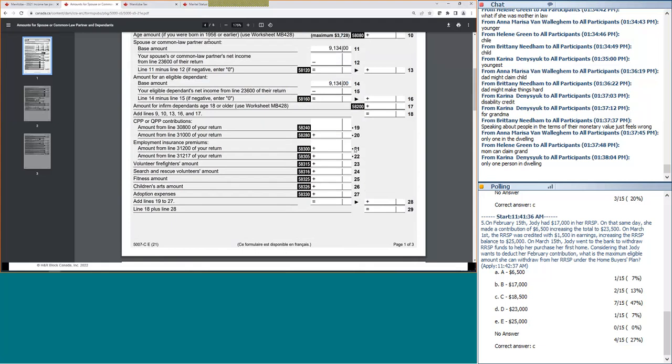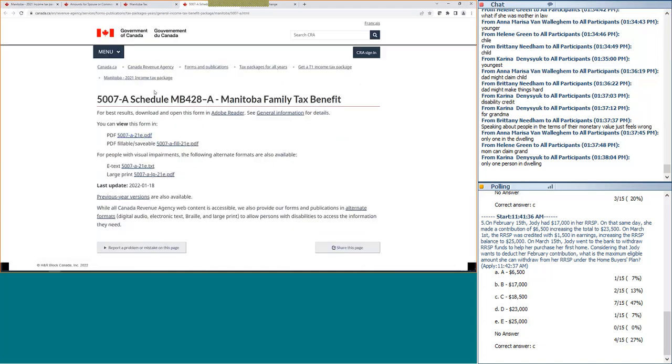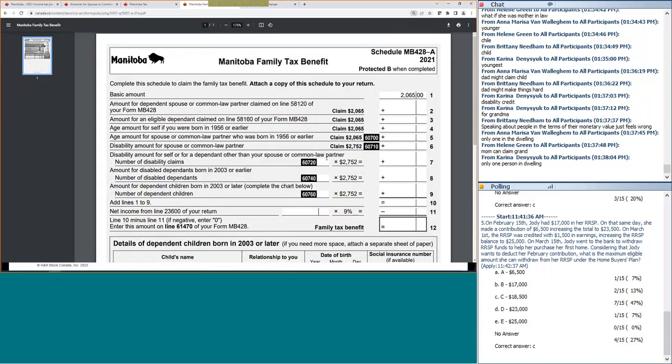The next one I want to talk about is the family tax benefit. For this one, you're going to find that your book is very helpful. But I'm going to open the form first. For this one, spouse just means someone you claimed a provincial spousal amount for. So if you're going to put an amount in here on line 2, you have to look at your MB428, line 58120.